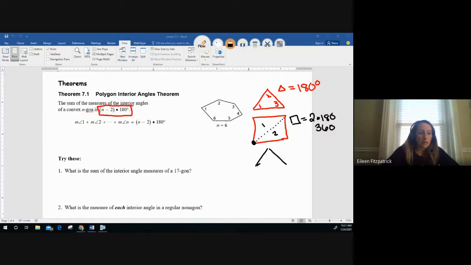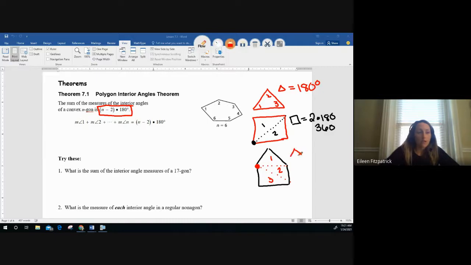So if I draw a five-sided polygon, and I tell you to pick one of the vertices and draw the diagonals, again, pick whichever vertex you want. I'm going to draw all the diagonals from this vertex. How many triangles did you create? 1, 2, 3. So again, 180 for this triangle, 180 for the interior angles of this triangle, and 180.